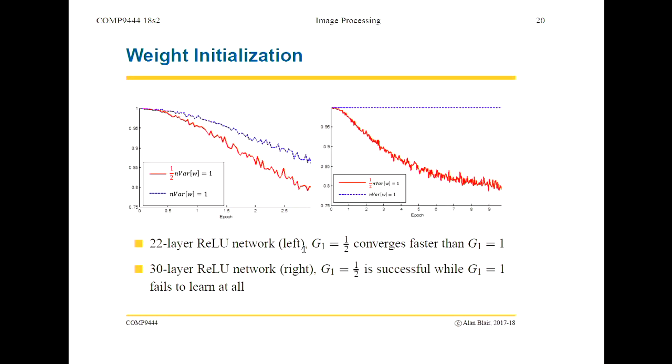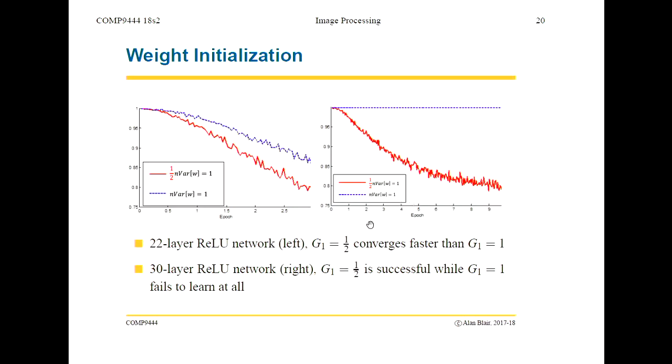In this case, with 22 layers, both of them learn, but the one with g1 equals 1/2 learns considerably faster than the other one.